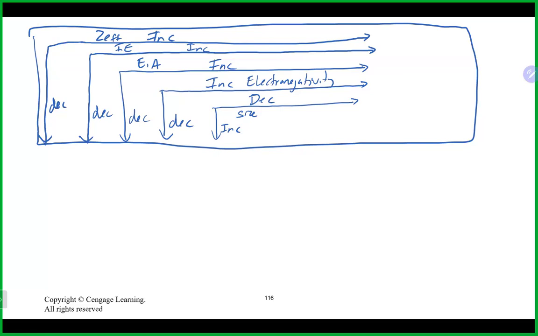So when we look at the periodic table, as we go up and to the right, we have a greater effective nuclear charge, which means even the outer electrons are feeling a much stronger pull to the nucleus. That's going to bring everybody in closer, which is why we see the size get smaller. And because everybody's in closer, it takes a lot more energy to try to remove an electron.